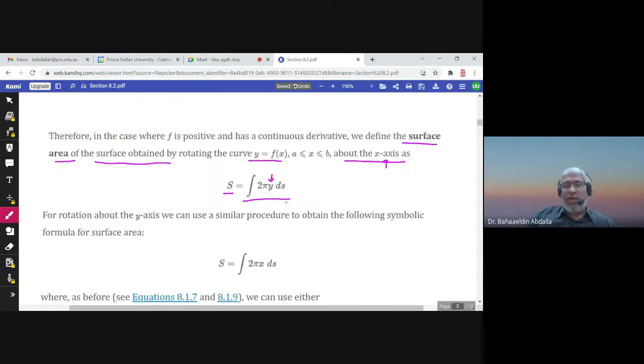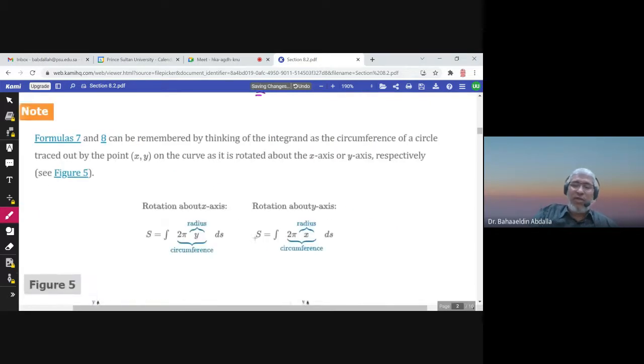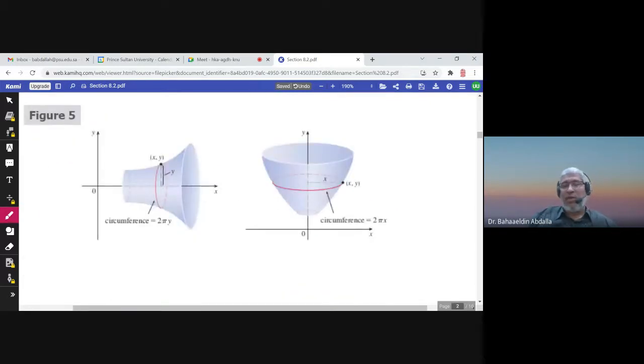When we rotate the curve about the y-axis, the radius will be x, not y.